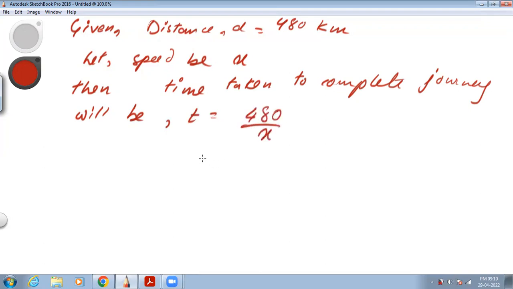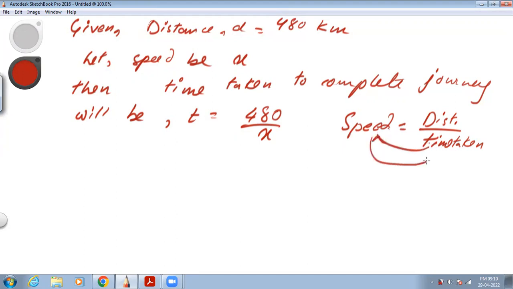Okay, why is it so? Because we know, and do remember this, this information is a prerequisite to the question, that speed is equal to distance by time taken. So according to that we make the changes. Time taken goes here, speed comes here, so time taken will be distance by speed.